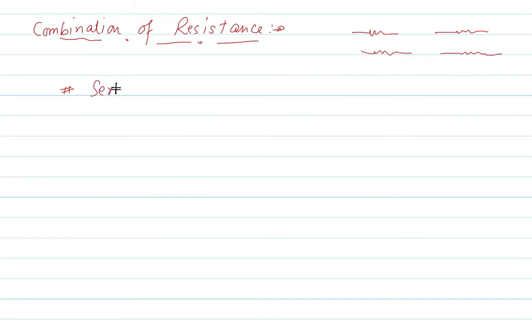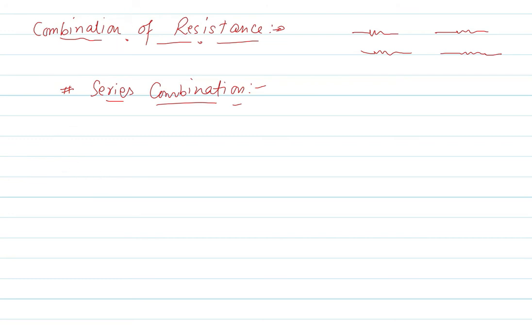So we are going to first define the types of combination. The first type, which is very common, is series combination. This we also learn in 10th standard, but here we'll go into quite some detail. There are actually three types of combinations. First is series, second is parallel, and the third one is complex, that is actually the mixture of series and parallel.